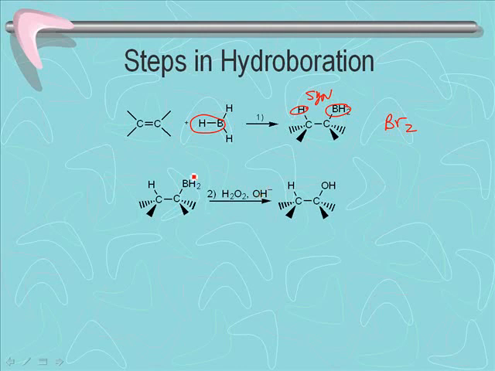Once we've made this boron-carbon bond in the first step, we can react with hydrogen peroxide and base. And in the process, we oxidize the carbon-boron bond to a carbon-oxygen bond. And this occurs with no change in the stereochemistry. So what was in the first step a syn addition is overall still a syn addition.